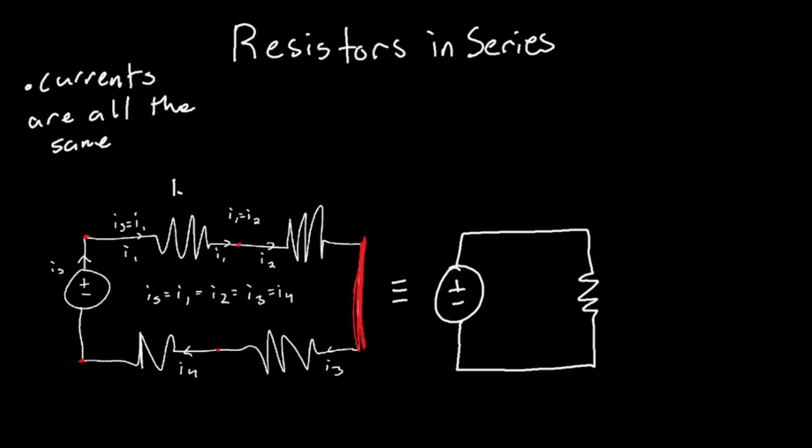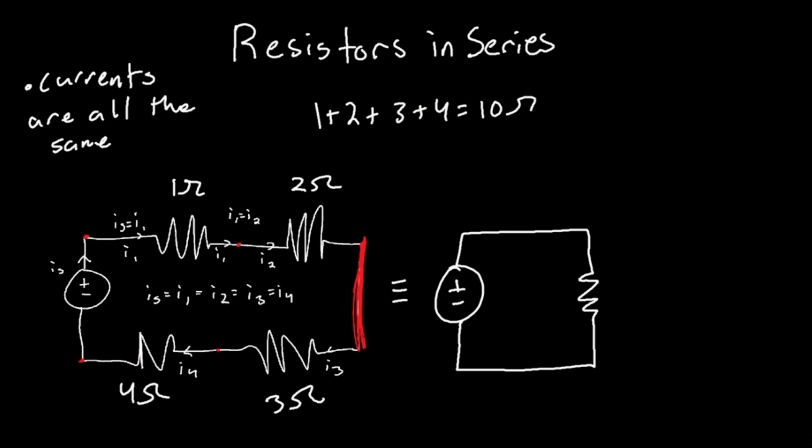So let's say this resistance was 1 ohm, this is 2, this is 3 ohms, this is 4 ohms. You can add up all the resistors in resistors in series. Keep in mind, you can only add the resistance of all the resistors if they're in series. So if we add up all these resistances, 1, 2, 3, 4, you get 10 ohms, right?